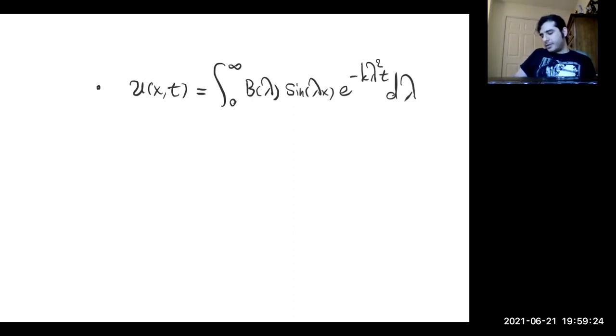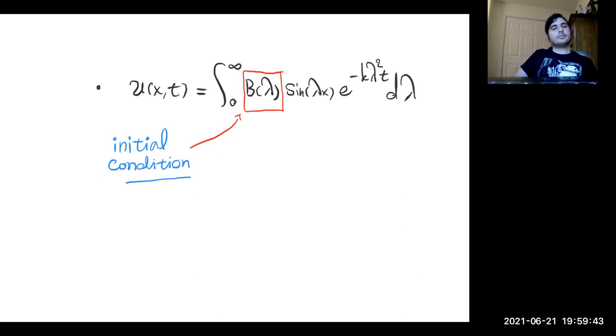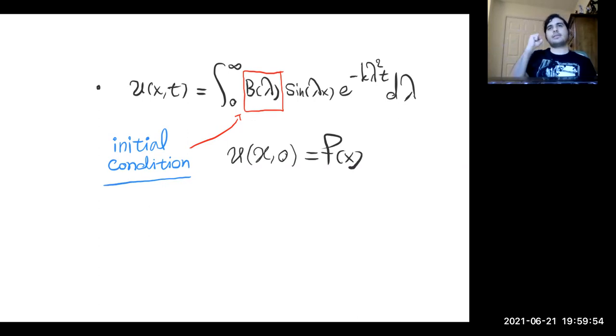The only unknown is this thing, b lambda. How can we find this one? We can find this one using the initial condition. Remember, the initial condition was telling us u of x and 0 is equal to f of x for some given known function. What is u of x and 0?